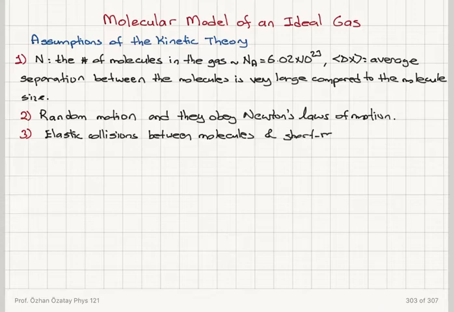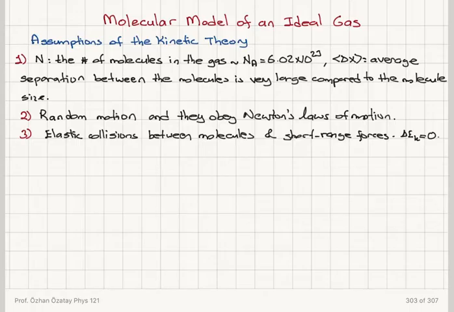So this only happens very rarely. When they come really close together, we have the short-range forces coming into play, and the change in kinetic energy of the molecules is zero.